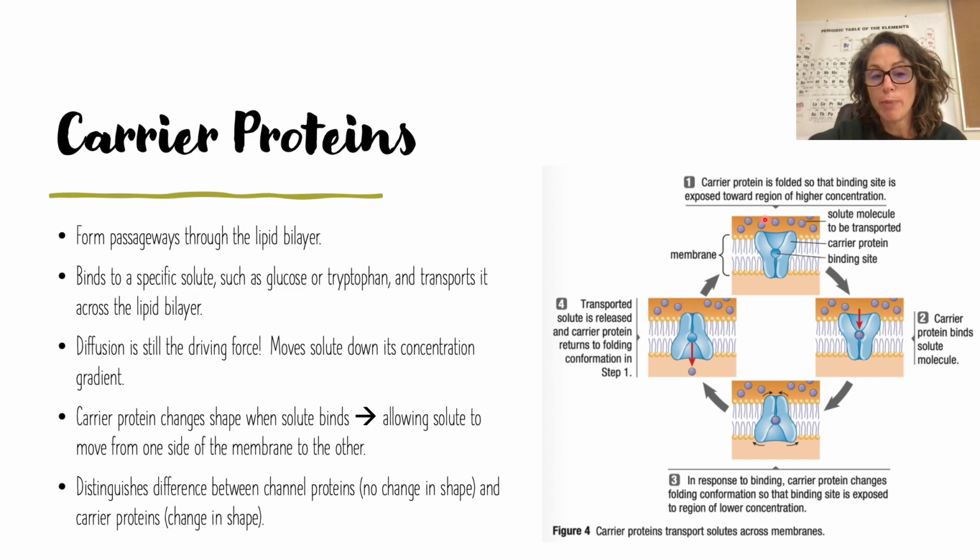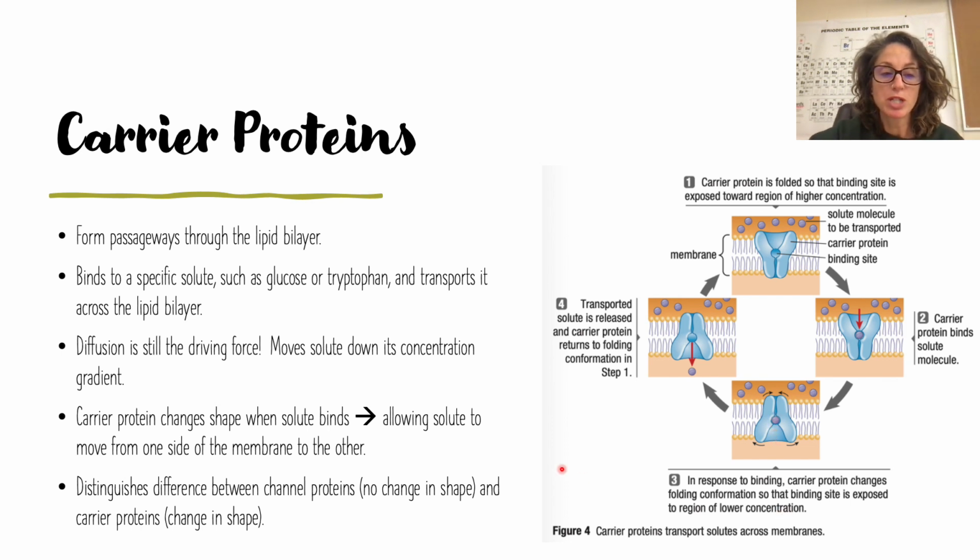So the transporter will bind its specific solute, and it's going to actually change shape. So that's really interesting about a lot of these transporters. So in this case, the solute gets bound to its site, and it changes shape, which allows it to essentially get dumped into the cell.